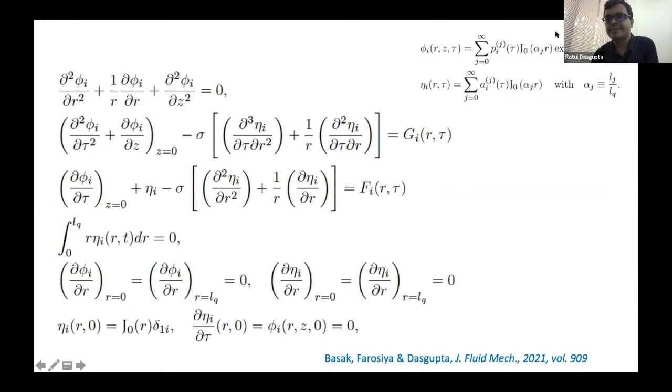Once we have this, we also need to express these phi i's at every order in terms of a Fourier series. Okay, so this is what is known as a Fourier Dini series. So it's expanded in terms of Bessel functions, and it's exponential because of the deep water approximation. Now you can pay attention to the fact that these coefficients are the real unknowns, and this is what we really seek.